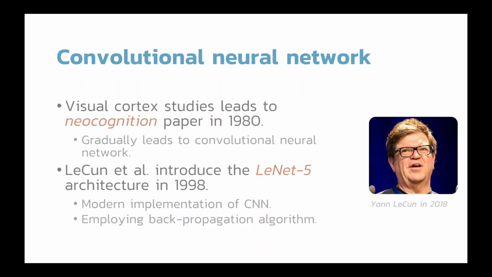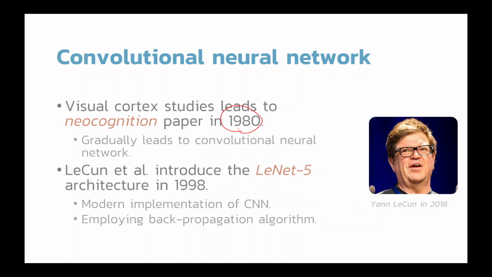This guy, Yann LeCun, I guess that's how we pronounce his name, is the father of CNN. The first study that relates the way our brains work in the visual cortex to a computer algorithm came in 1980, very old.